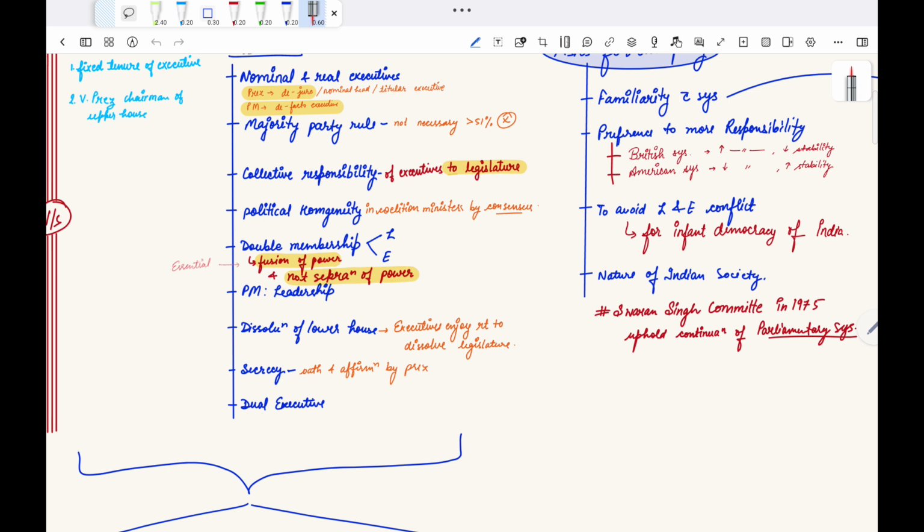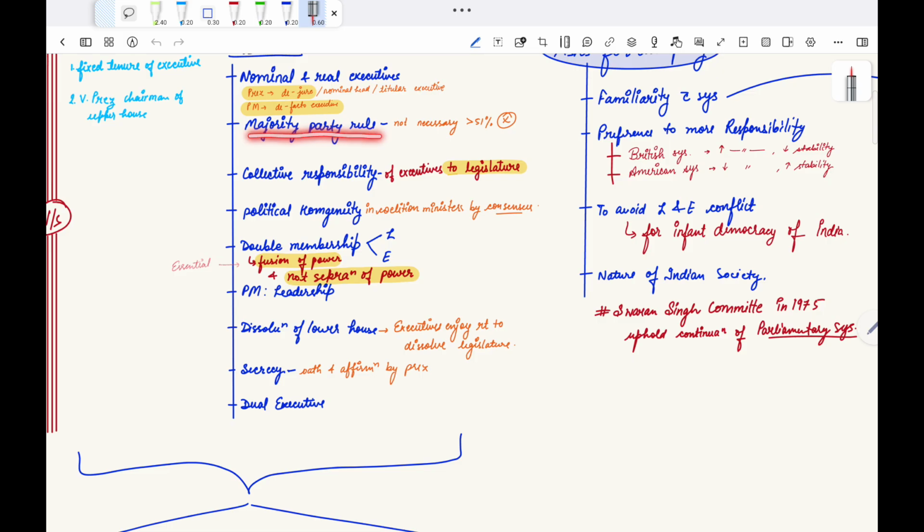On the other hand, we have the prime minister, who is the de facto executive. I repeat, de facto executive. That is, in actual fact, the executive is the prime minister, and the de jure, that is titular executive, only with title, that is nominal head, is the president.